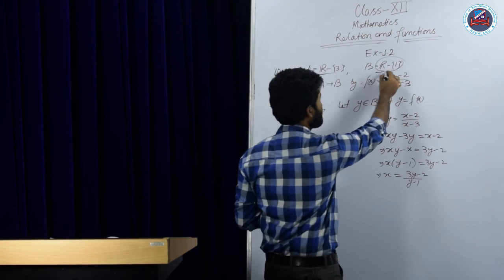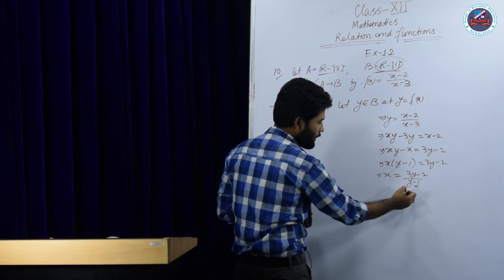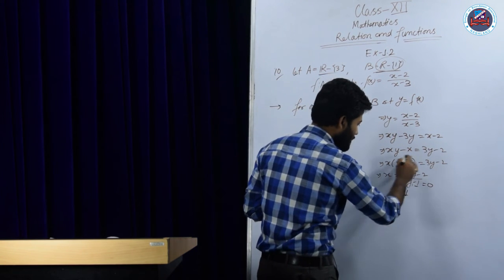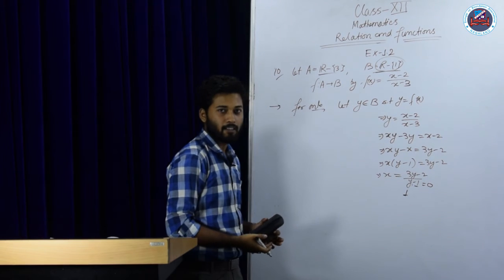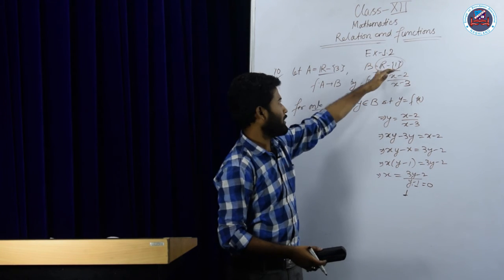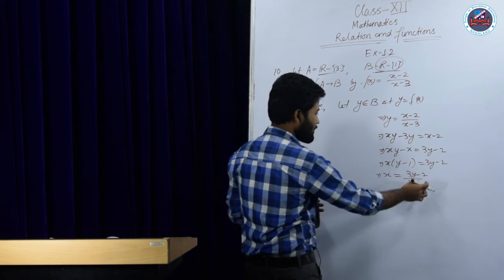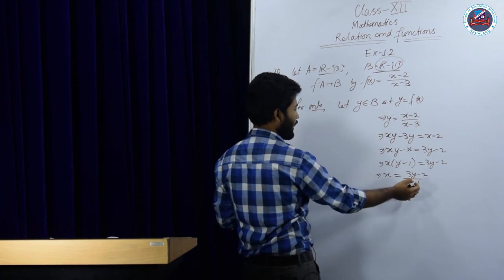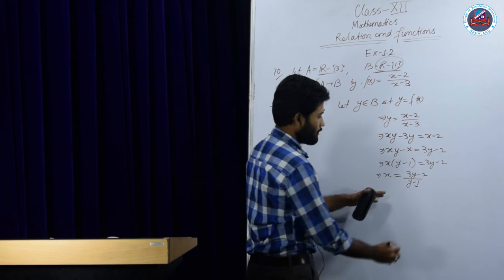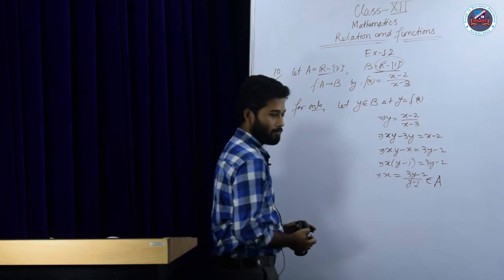You can see that in place of y, if I write 1, then 1 minus 1 will be 0. That means x will be undefined, isn't it? Only for that purpose the codomain has been considered as the set of real numbers except 1. So for any real number y you take, we will get a real number x again, so this belongs to the domain A.